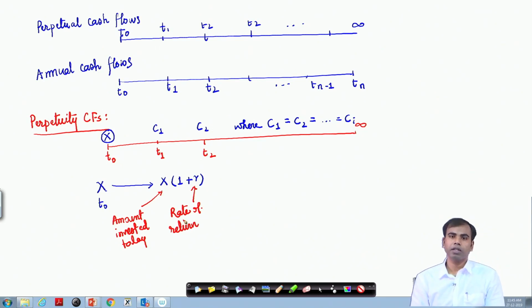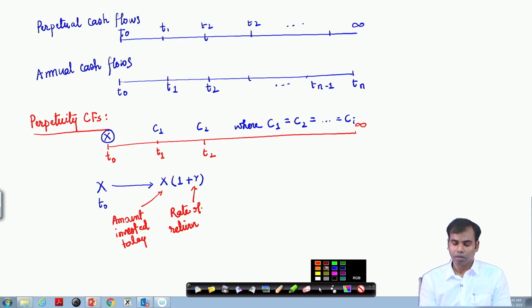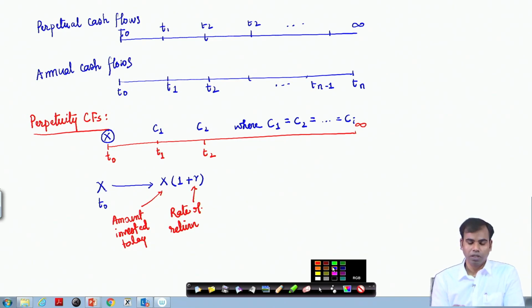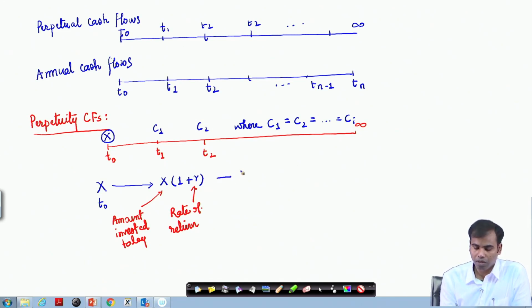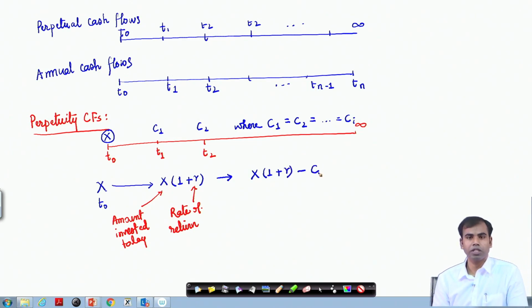So, if an amount of x is invested today and you are supposed to generate a return of r at the end of the period, which is basically at the end of year 1, you are also expected to pay a scholarship amount to the extent of C. So, which means at the end of period 1, the amount of money that you had invested in the beginning plus the amount of money that you have generated minus the cash flow, which is basically the scholarship amount, should be equal to x, right.